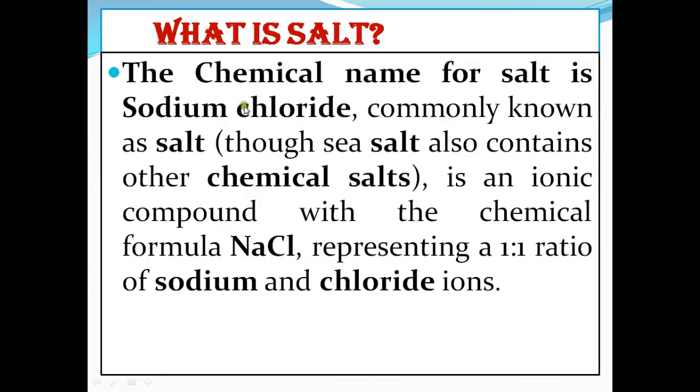NaCl stands for sodium chloride, representing a 1:1 ratio of sodium and chloride ions. So 1 ion of sodium and 1 ion of chloride together give us the salt called sodium chloride.